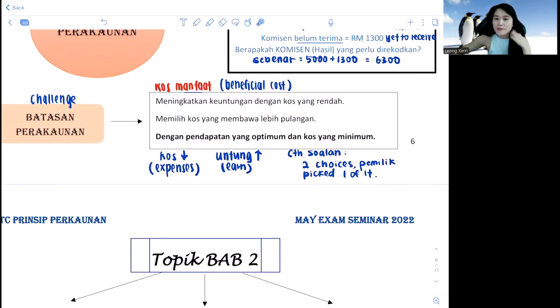So they will tell you, oh, maybe now the pemilik has extra cash. So he is deciding whether to start a new branch at maybe Puchong, or to expand the current shop in USJ 9, for example. So USJ 9 is expand and Puchong is a new branch, which means taking up a new shop lah and a new market there.